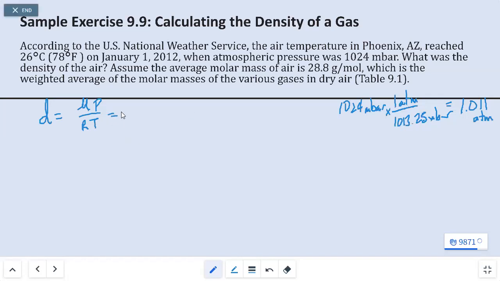So putting in the values, 28.8 grams per mole, multiplied by 1.011 atmospheres, divided by 0.08206 liter atmospheres per mole Kelvin, and 26 Celsius would be 299 Kelvin.